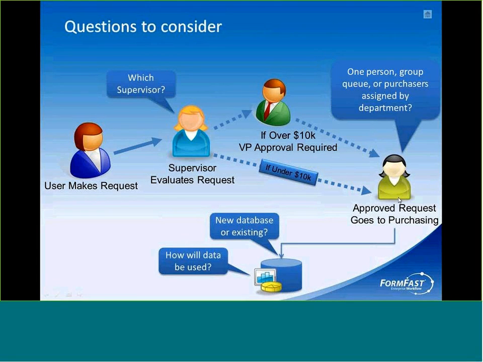Do we send it to one specific person? Send that to a group of people and just deal with them as they come in? Or are the purchases assigned to departments? There's a lot of variables there that we see from our customers. And across the board for all of these steps in this workflow.